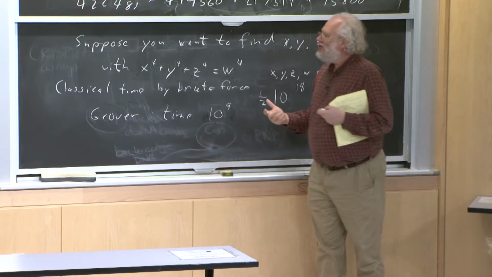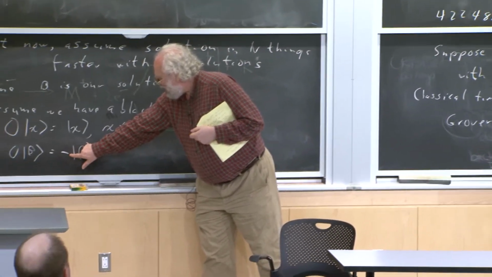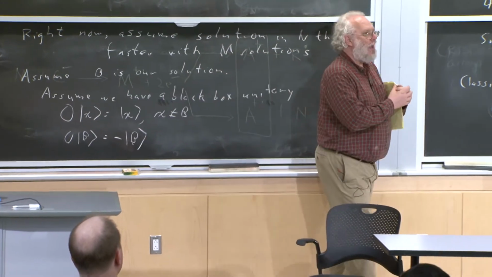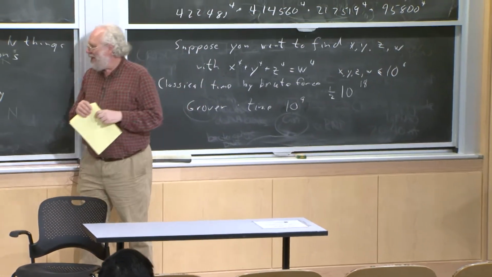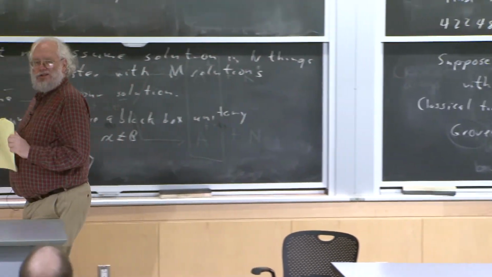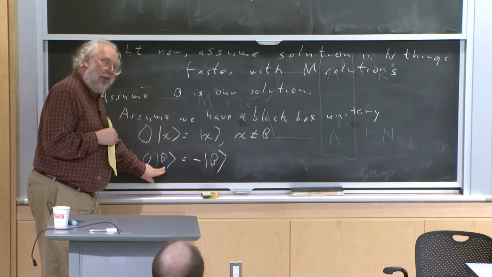And if it is an integer, you apply the minus sign, and then you undo all that to get rid of the garbage. So the only thing that's left that you've actually done is apply a minus sign when beta is a solution.